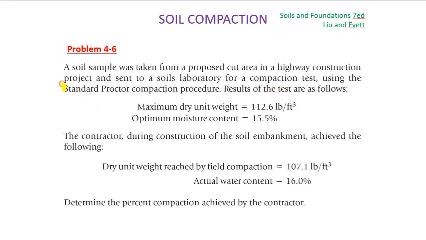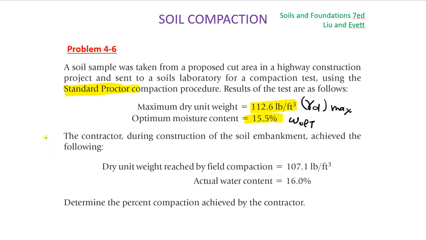From the test we got a maximum dry unit weight of 112.6 pounds per cubic foot and an optimum water content of 15.5. So this is gamma d max, and this is W optimum.